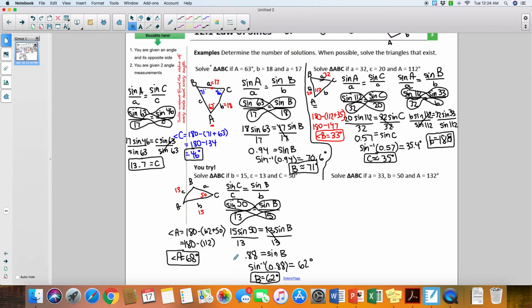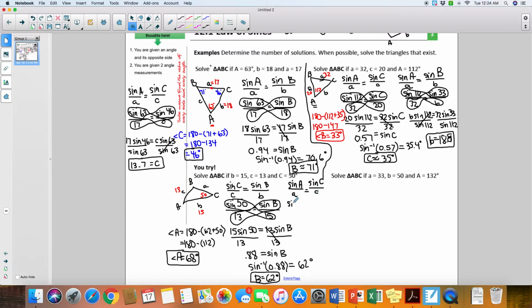All right, and then the last thing would have been to do sine C over c again with angle A this time, so you can find side A. So sine of capital A over little a equals sine of capital C over little c.